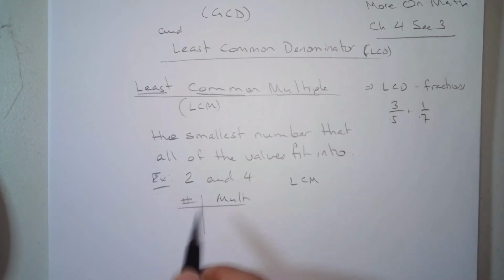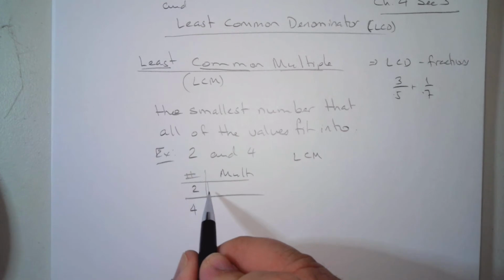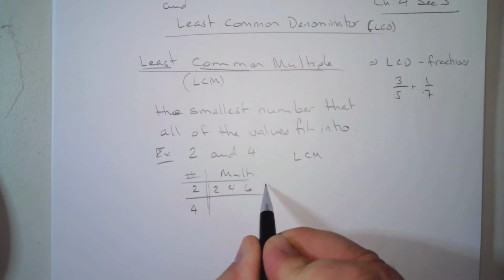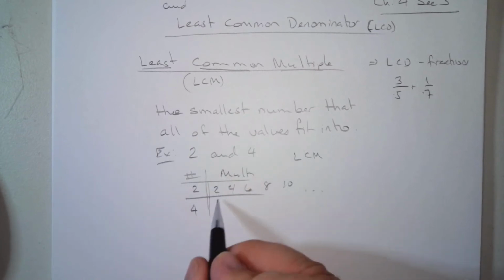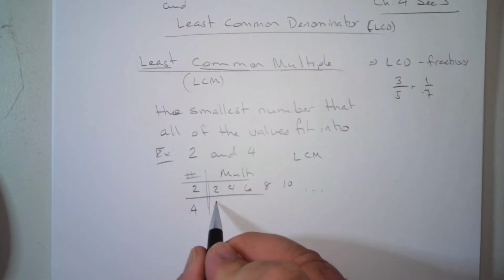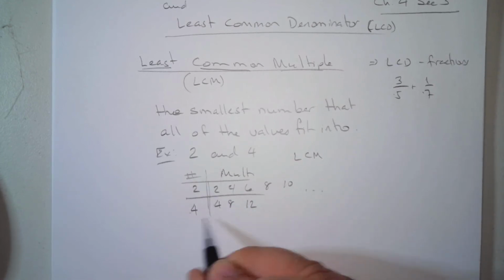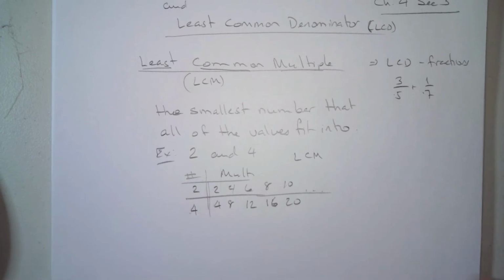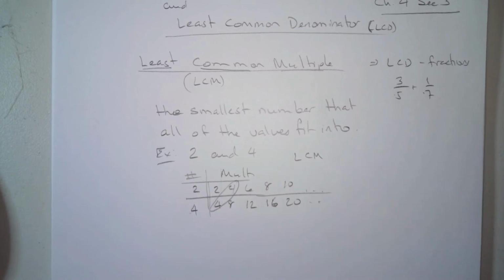And this is typically the way you look for it. You list your numbers, 2 and 4, and start multiplying. 2 times 1, 2. 2 times 2, 4. 2 times 3, 6. 2 times 4 is 8. 2 times 5 is 10, and so on. 4 times 1, this is the ones column. 4 times 2, 4 times 3, 4 times 4, 4 times 5, and keep on going, until you find one number that they both fit into.